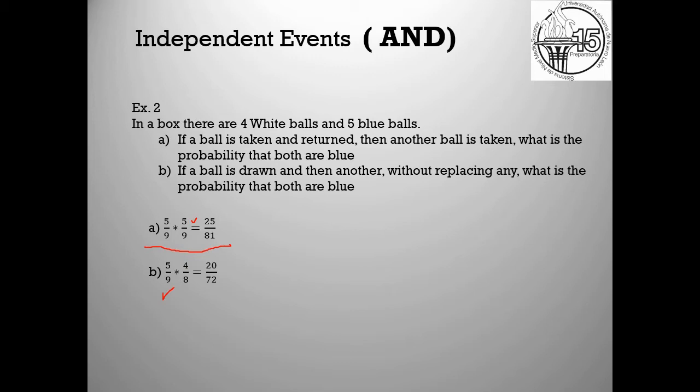That is, now the favorable result will be 4 out of 8 because we keep one ball. And then we multiply each event. 5 multiplied by 4 will be 20. 9 multiplied by 8 will be 72. We must simplify the fraction and we will get the final result.